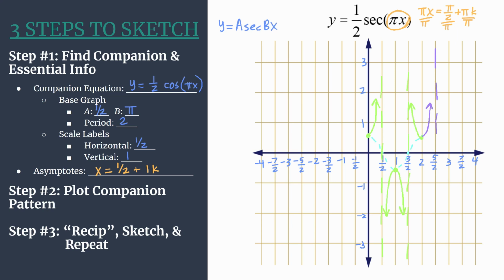We have another vertical asymptote. At this point, if you want to use your asymptotes equation to double check this, we should be able to substitute in k equals 2, and that'll give us an asymptote here, this one at 5/2. All right, we have another local maximum here, sketching in that curve.